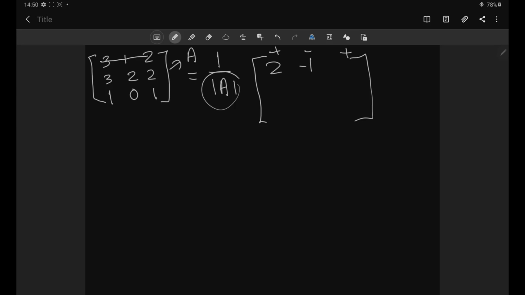And then we cancel out the first row and then the third column. 3 times 0 equal to 0, minus 2 times 1 equal to 2. So minus 2.